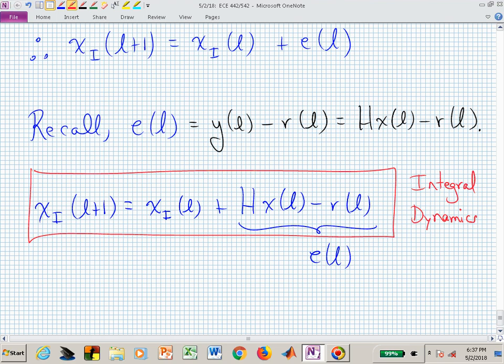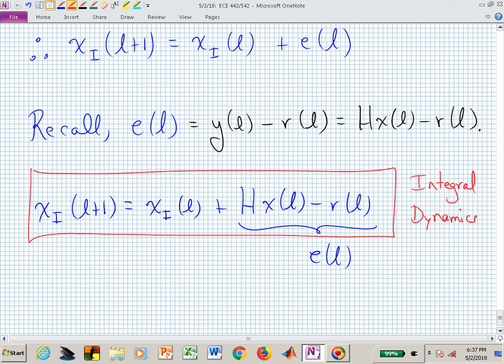And what's the weighting? What's our forgetting factor, or what's the coefficient on x sub I of L? It's not forgetting, is it? If it was 0.9, it would sort of be losing something. If it was 0.8, the next time step, it would have shrunk by 0.8 in terms of its influence on the next value of x.